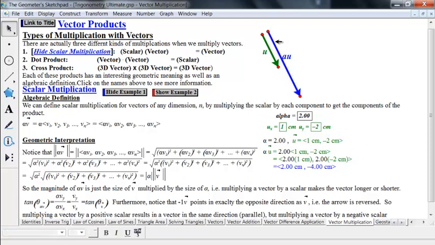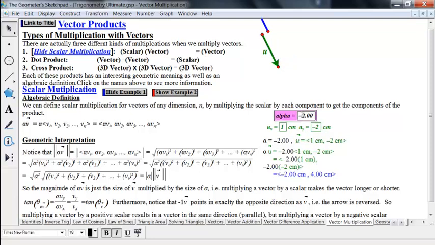But if I make this a negative scalar, let's say put a -2 here, now the arrows are on the opposite end. They're still parallel, still twice as long, but going the opposite direction. So when we multiply by a negative scalar, we reverse the direction.